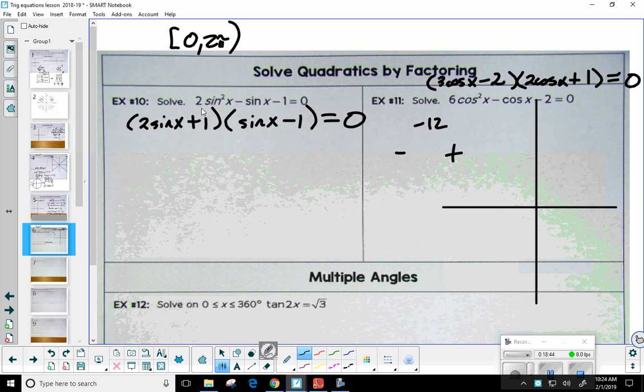Okay, 3 and 4, and the 4 would have to have the negative. Now I divide by 6. We always divide by the leading coefficient. Well, what is negative 4/6? Negative 2/3. 3/6 is 1/2. And if I work from the denominator, 3 cosine x minus 2, 2 cosine x plus 1. There we go.